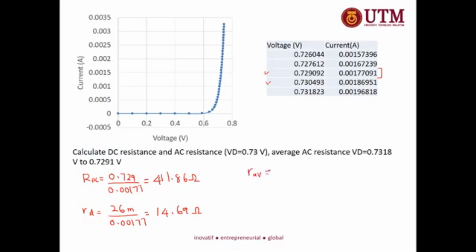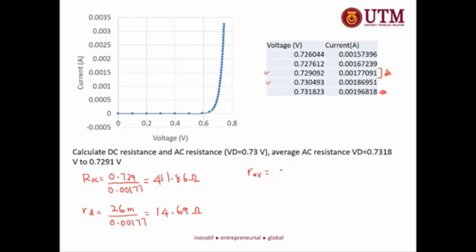And then the last one, average AC resistance. Average AC resistance, you are calculating using 2 points. So VD is 0.7318, and the other VD is equal to 0.729. The average AC resistance is delta VD over delta ID.